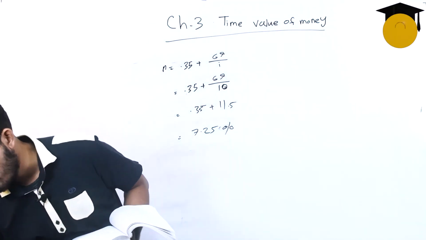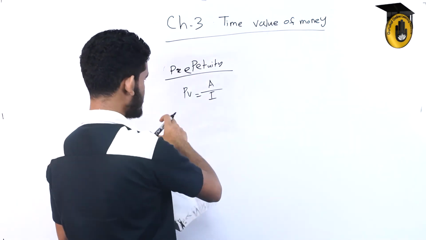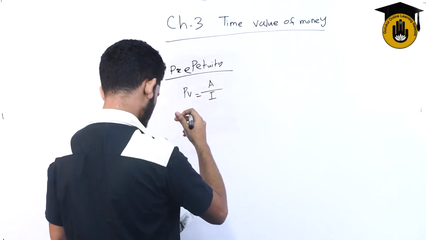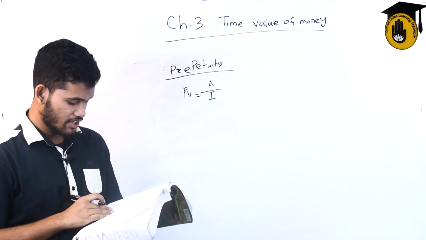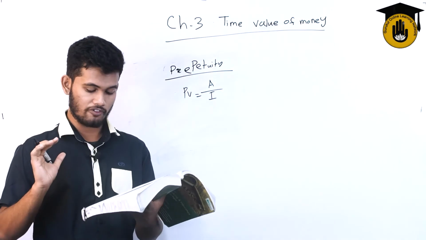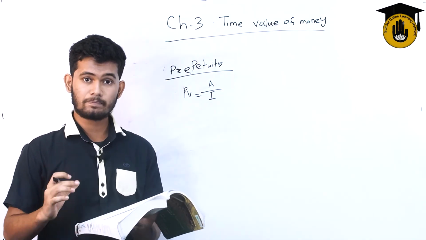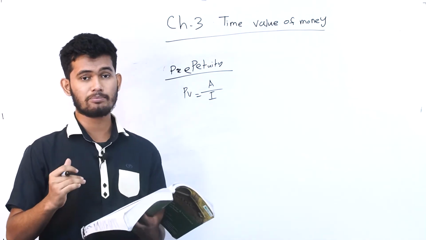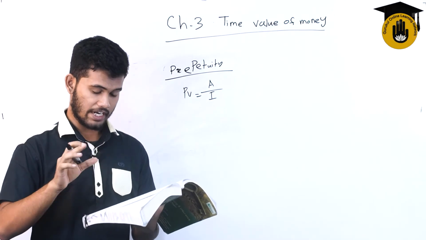So let's take a look at the formula. As we know, PV equals present value, A is equal to annuity, and I is equal to the interest rate. Given example 21: what is the present value of a perpetuity of taka 20,000 at 8% interest rate? Cash flow is at the end of each year. Yes.